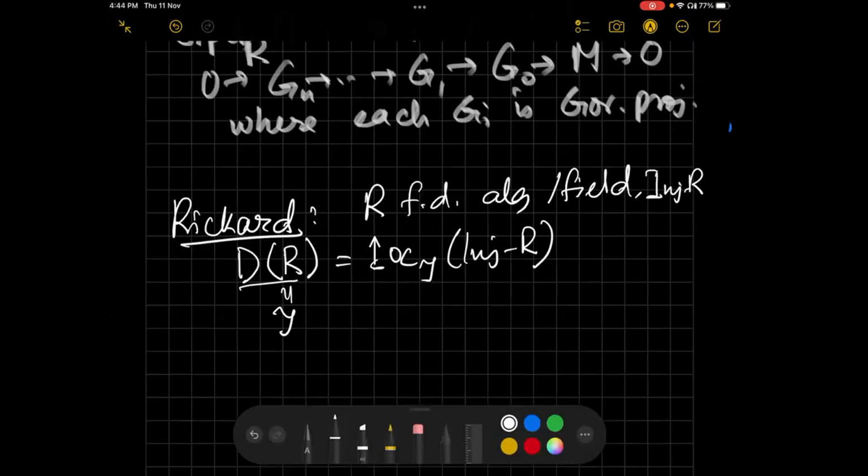Again, as Tsutomu mentioned in his talk, localizing subcategory means triangulated subcategory closed under coproducts, direct sums.